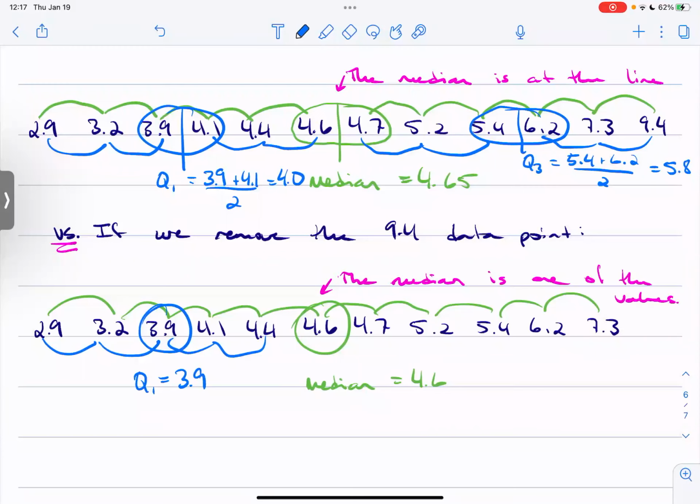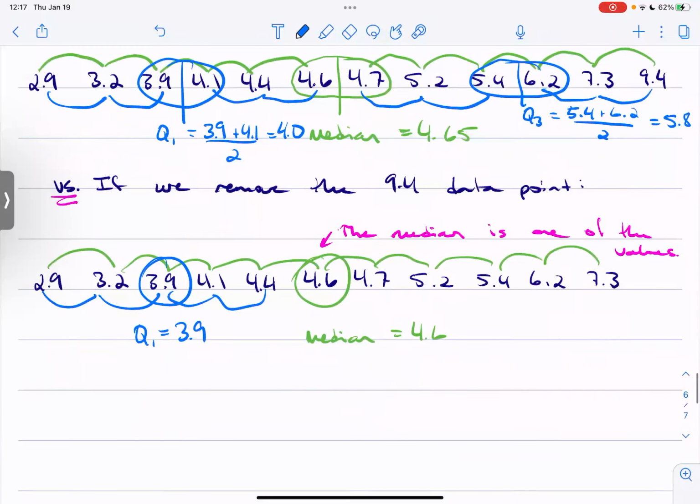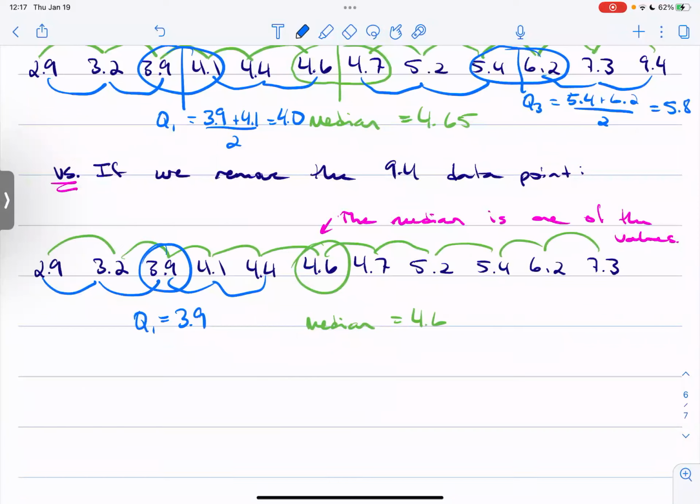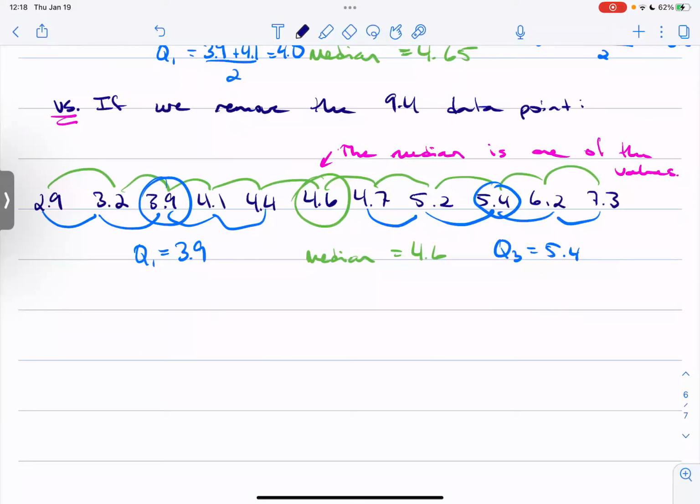Then Q3 is 5.4. Is 5.4 that different from 5.8? No, right? Ultimately, it doesn't make a difference. Just real quick, because I have the 2 minutes still.